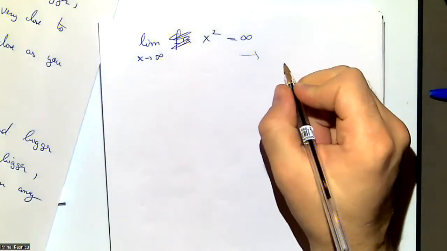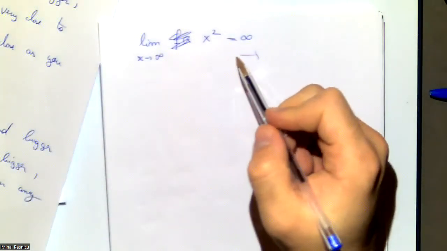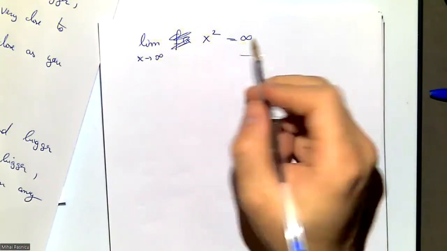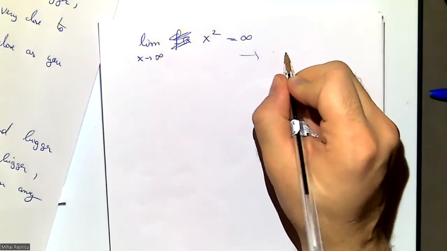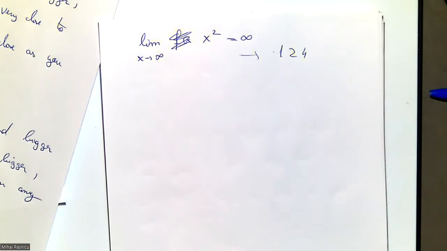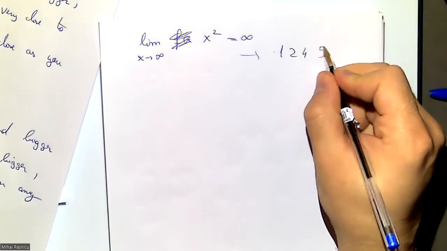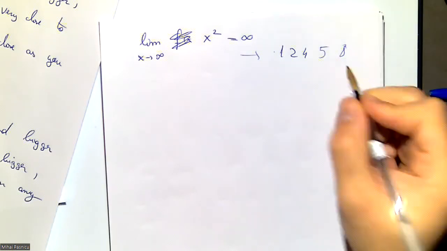Like, for example, you give me, no, you're fighting me on this and saying this limit is not going to infinity because you can't make x squared bigger than 124 something 5 8 7.